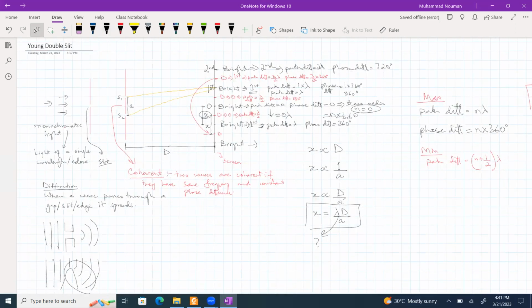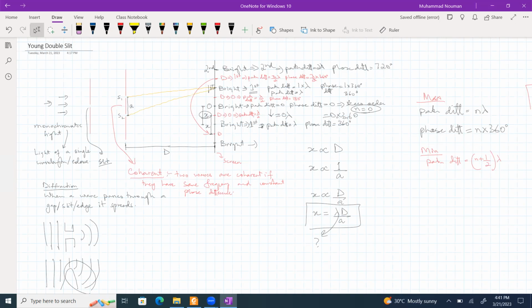First of all, this experiment was used to measure the wavelength. And then it was used to prove that light has a wave nature, because light performed two processes that are properties of waves.